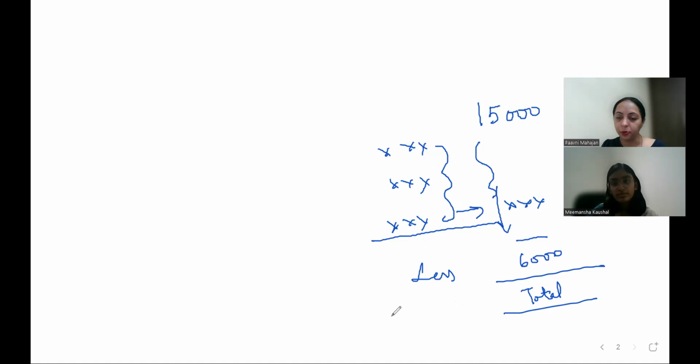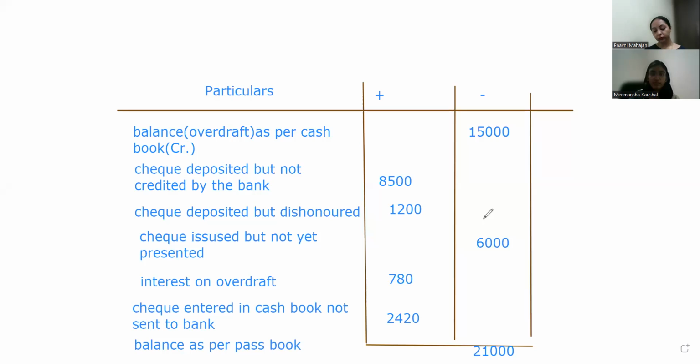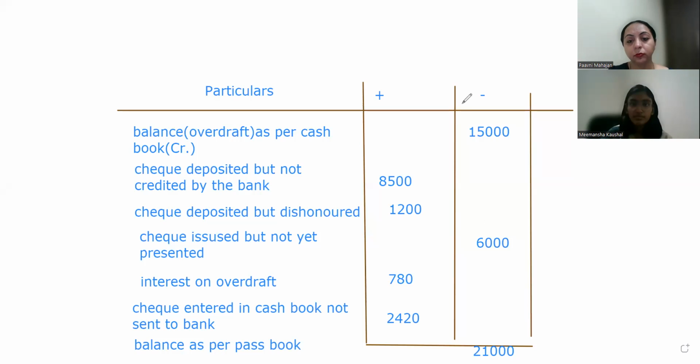Sorry, overdraft as per passbook. So only this 6,000 you can bring down so that you can add the total of the added items.